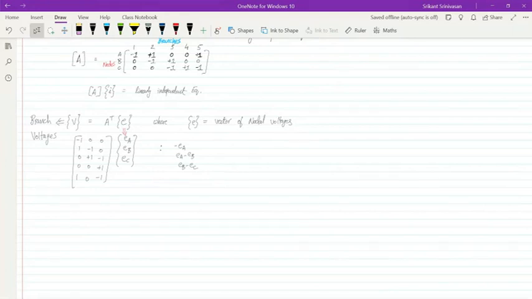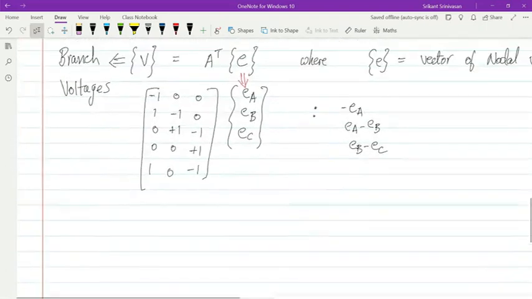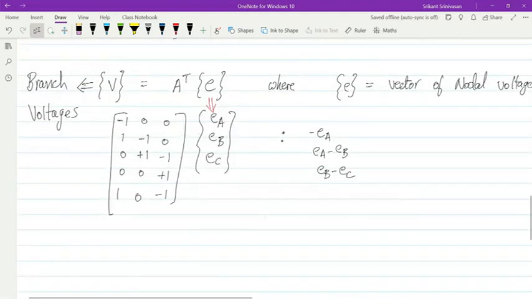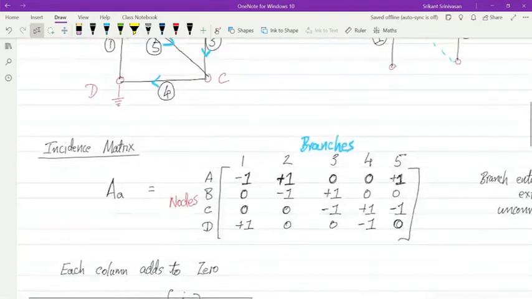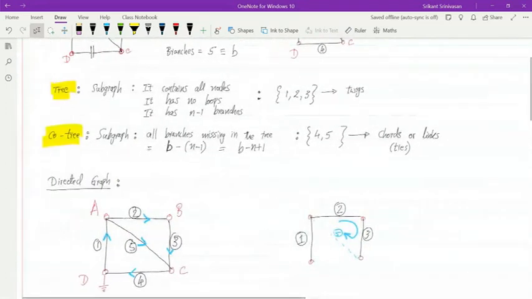There is one other interesting concept. Maybe I'll take it up in the next class, but there is this idea of duality. I'll also talk a little bit about loop analysis, which will have to do with using these concepts of chords and links, which is what I told you earlier.